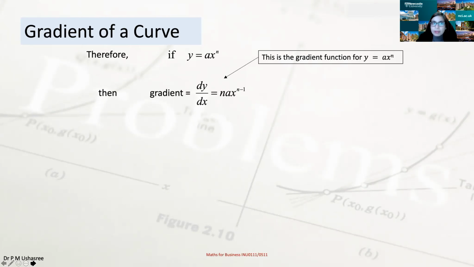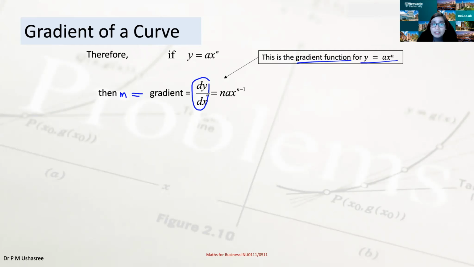Now let me go to the general formula. The gradient is usually given by the gradient function. For y is equal to ax to the power of n, you use the gradient function dy by dx. That's your gradient function. For a straight line it is m, for the tangent it is m.